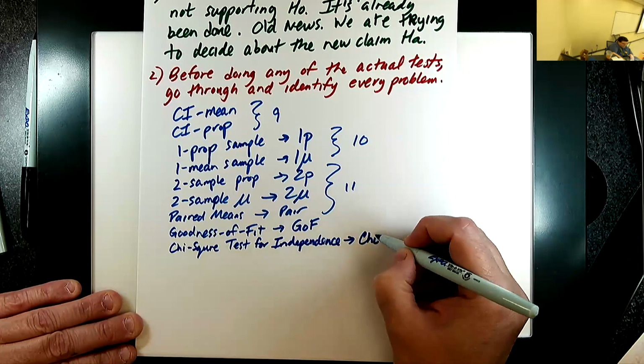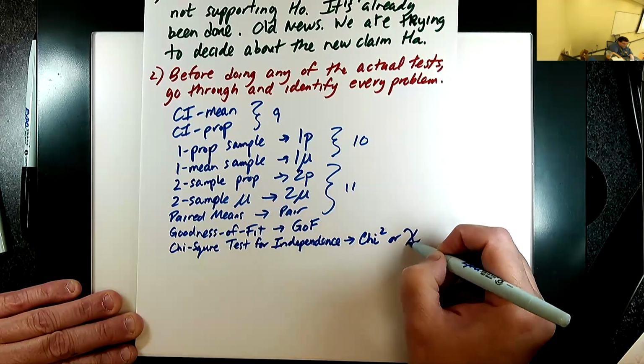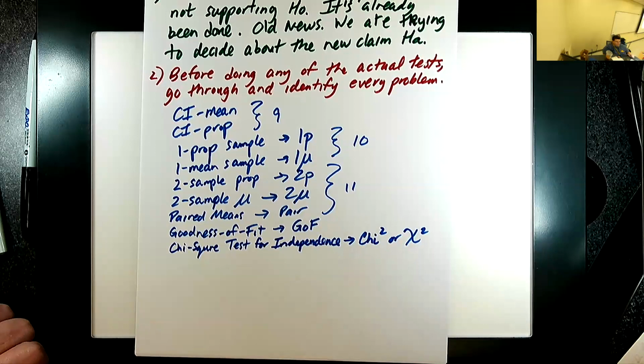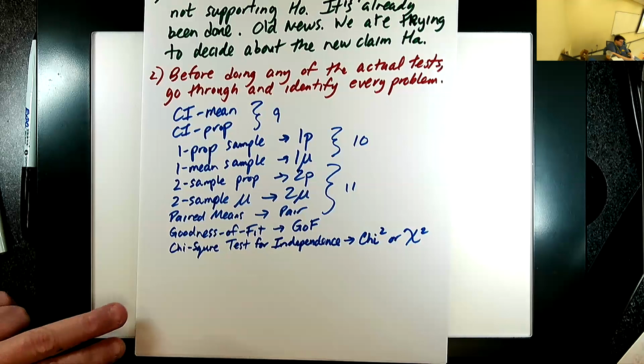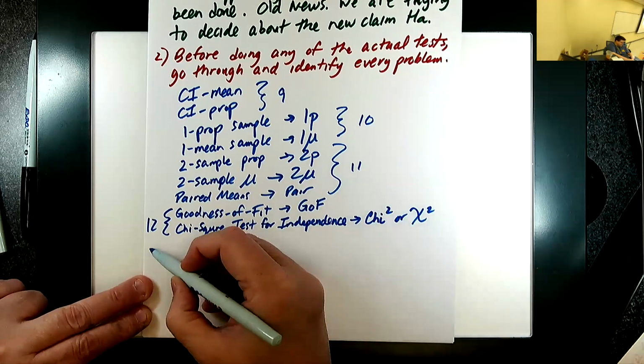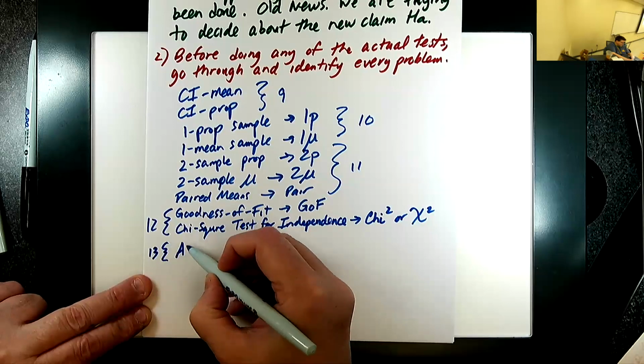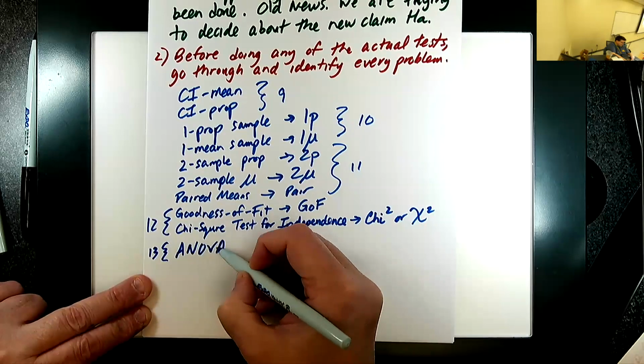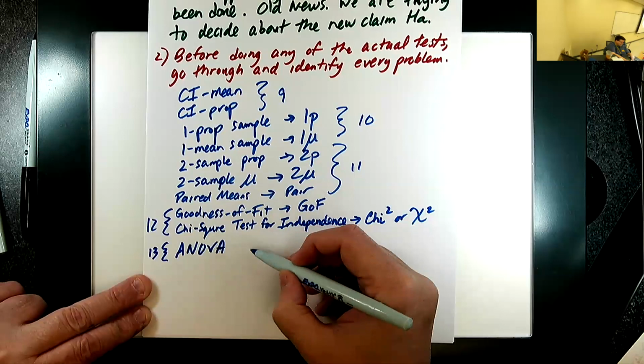If you put chi-square or chi-square like that, those are both reliable. And these 2 are both chapter 12. The chapter 13 topic, there's only 1, it's ANOVA. And that's what you should write, ANOVA.